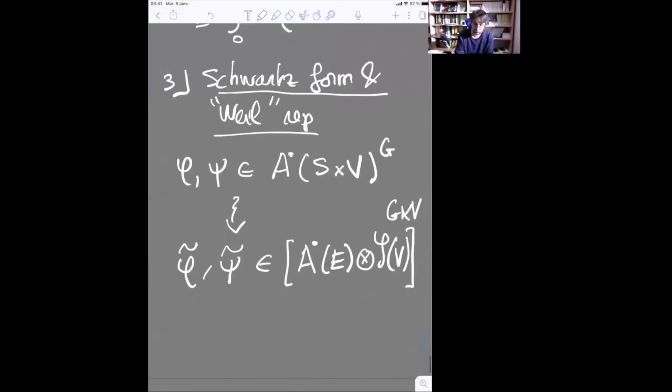And the definition of this form is just that, let's do it just for phi tilde of W, where W is an element in the Schwartz space. So phi tilde of W is now just a form on E, is by definition the pullback by the translation by minus W of the form phi. So it belongs to.